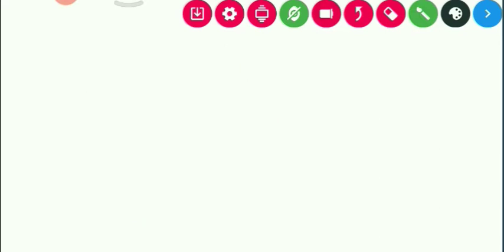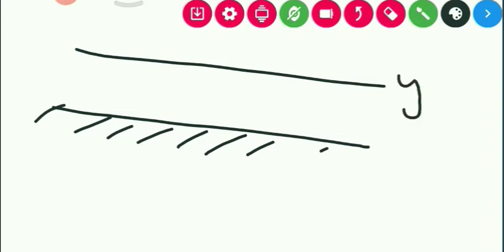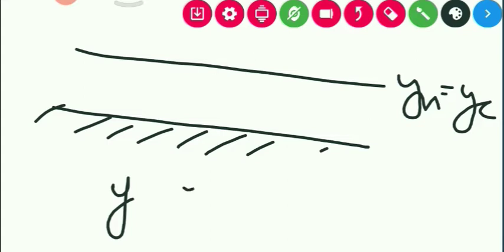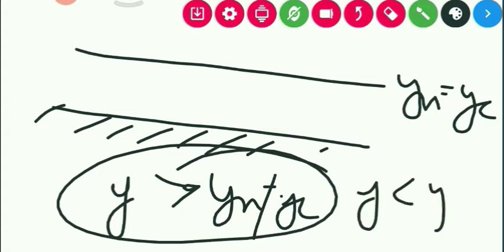So what is happening in critical slope? In critical slope we have yn equal to yc. So we have only two types of conditions: when y is greater than yn or yc, and y is smaller than yn or yc.